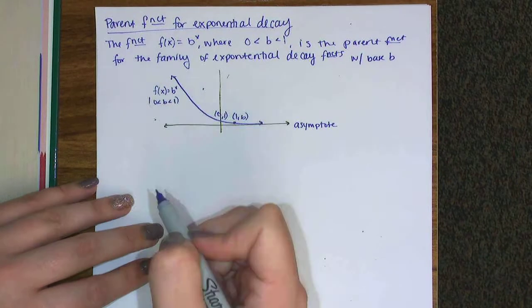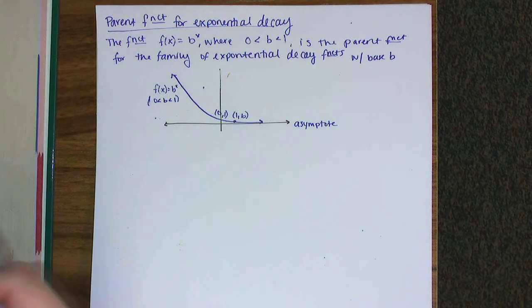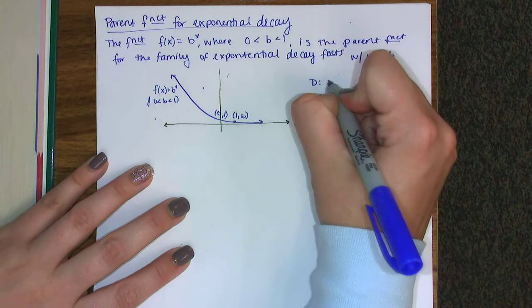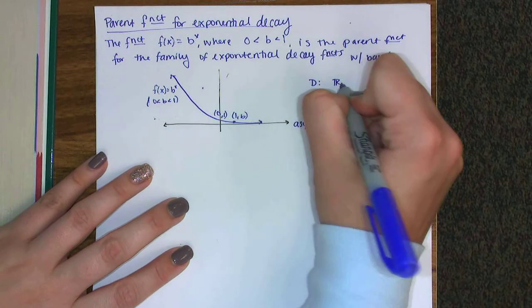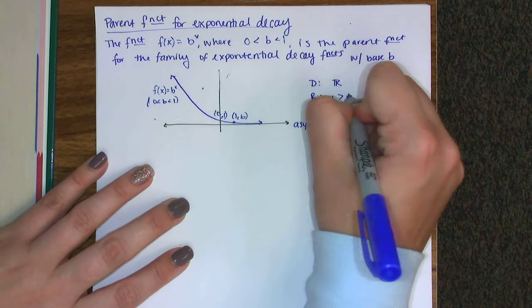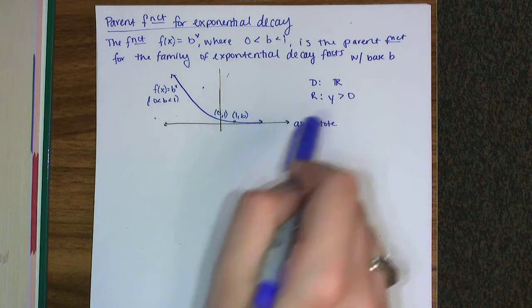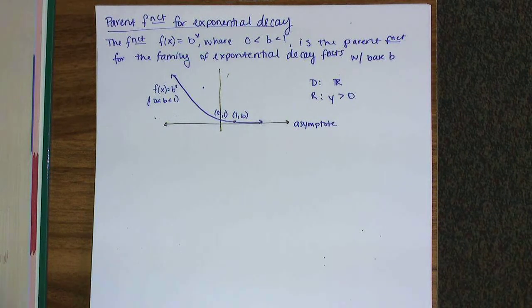Alright, so graphing these, again, we'll just do one of them. So we're going to do number 8. y is equal to 1/3 to the x.